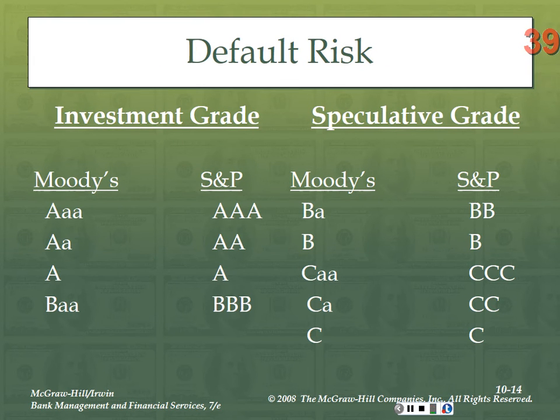Default risk is simply the risk that the bond or the investment will not make all of its interest payments or its par value payment. Now, when it comes to grading bonds, this is kind of a touchy subject among a lot of bankers, because the way it works is you have an independent third party, or a supposedly independent third party, like Moody's or Standard & Poor's.